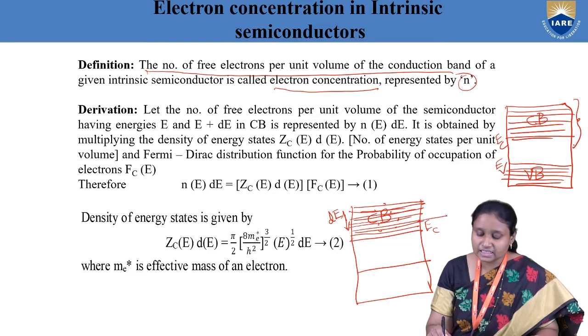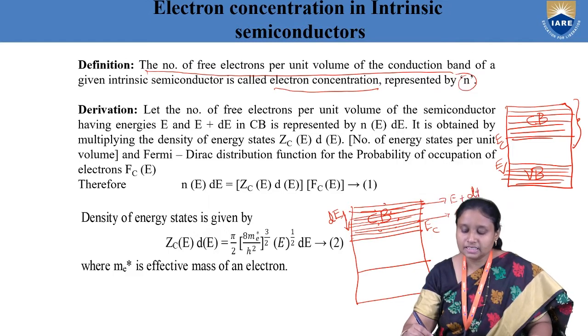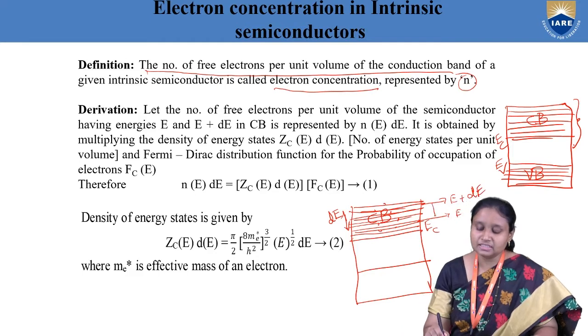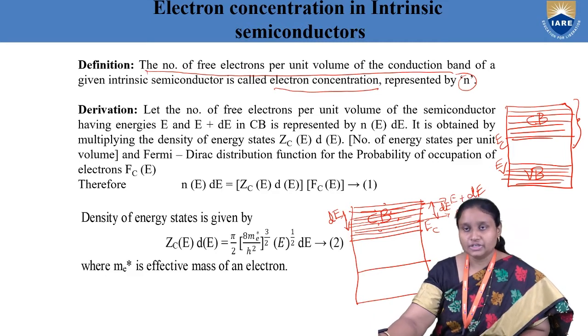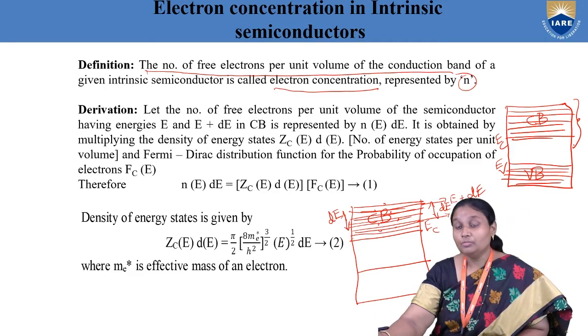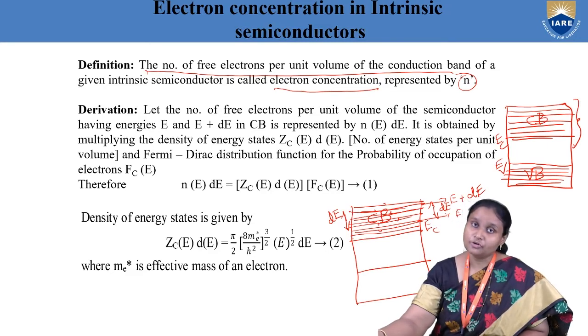Suppose if this is taken as E, then this is taken as E plus dE. So we are considering small energy interval dE. It means that we are considering small set of energy levels in conduction band. We'll try to find how many electrons are present in that small energy interval, and then we'll try to find total number of free electrons in entire conduction band.